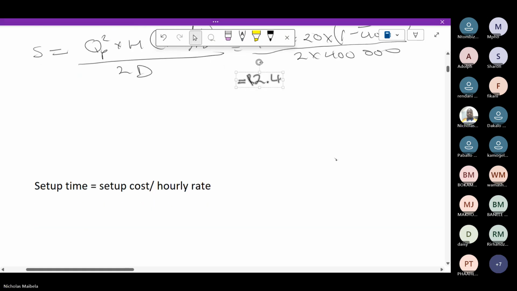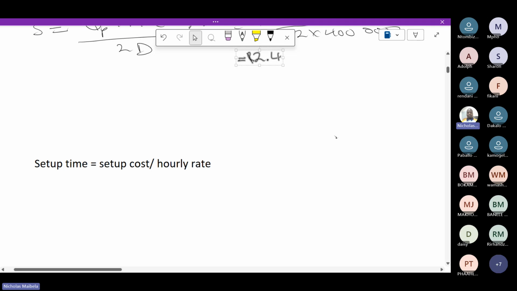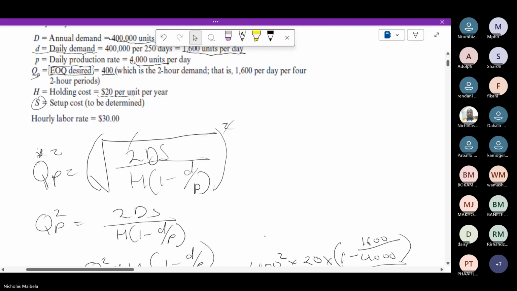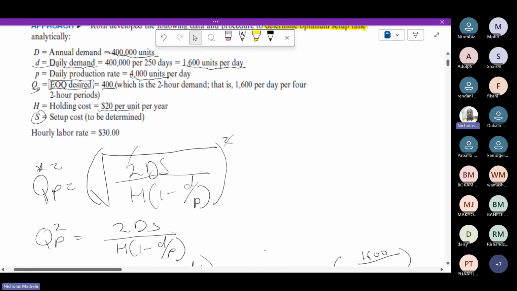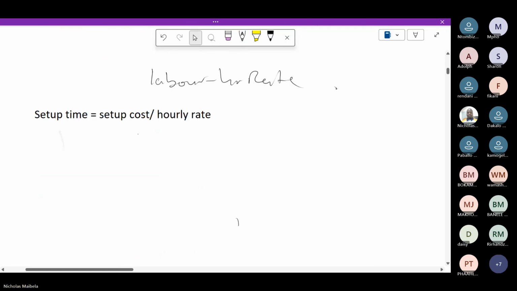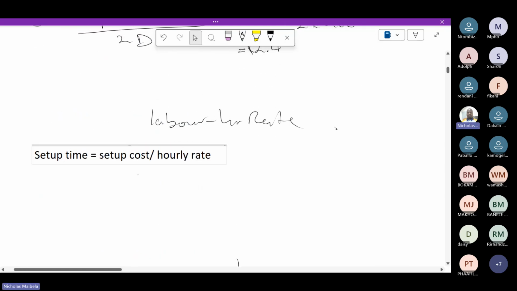Now, the formula for the setup time is the setup cost over the hourly rate. The hourly rate is the labor hourly rate, which is this one. And this setup time is in minutes.